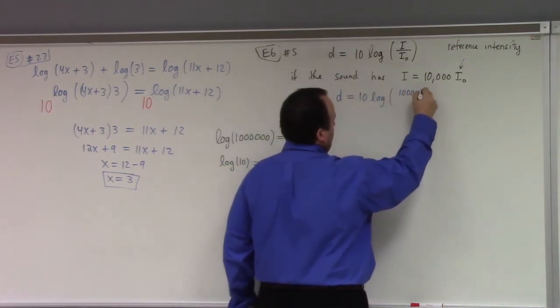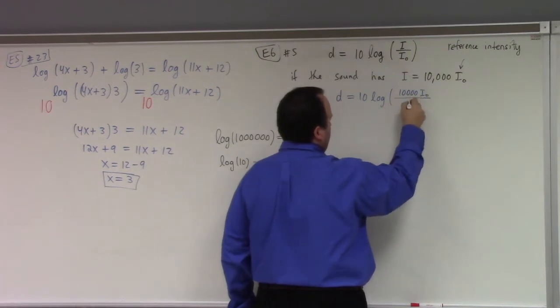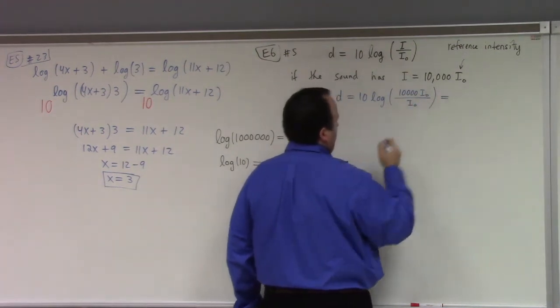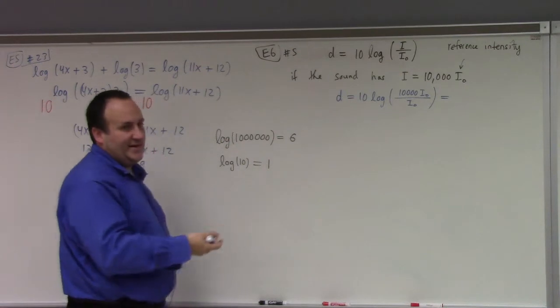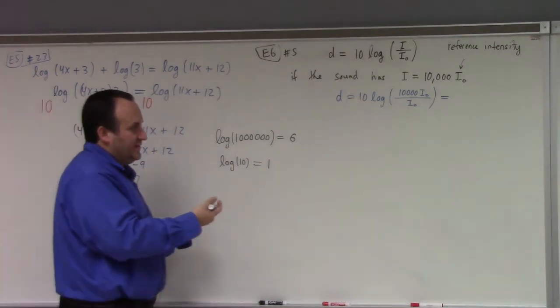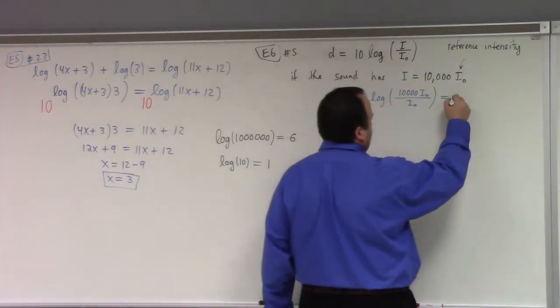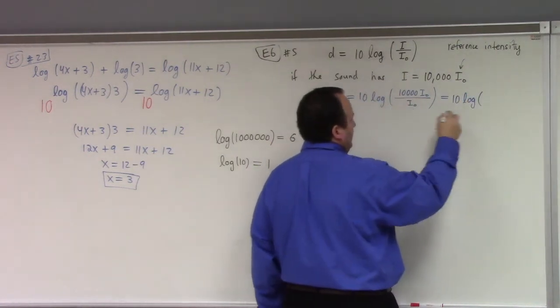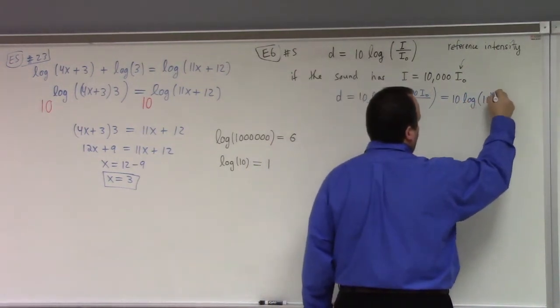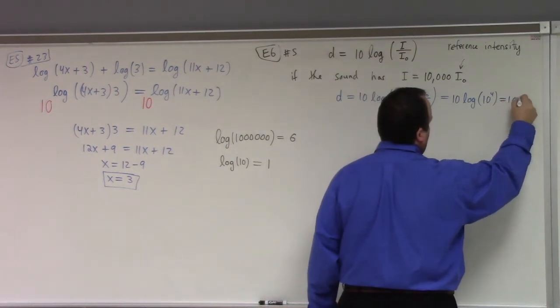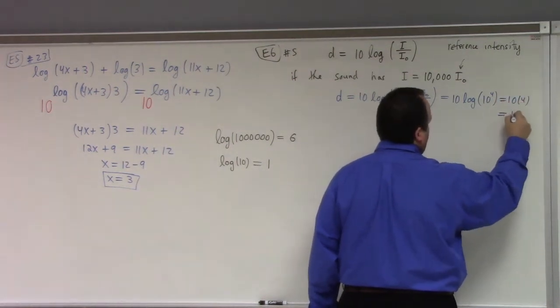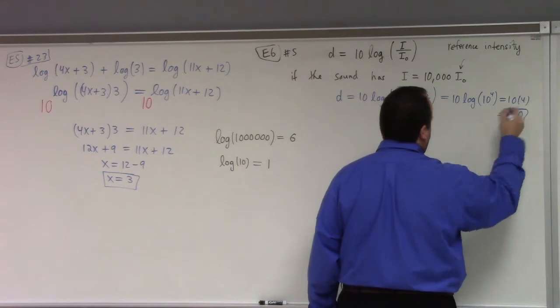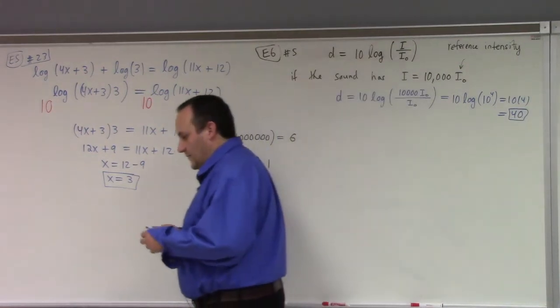So we got 10,000 I naught divided by I naught, so the I naughts cancel, which is why they didn't have to tell you what it actually was. And you've got 10 log of, what is 10,000? Well, 1, 2, 3, 4 zeros, so it's 10 to the fourth. So this is 10 times 4. So the answer for part A, for my number 5, is 40. You got a decibel rating of 40.